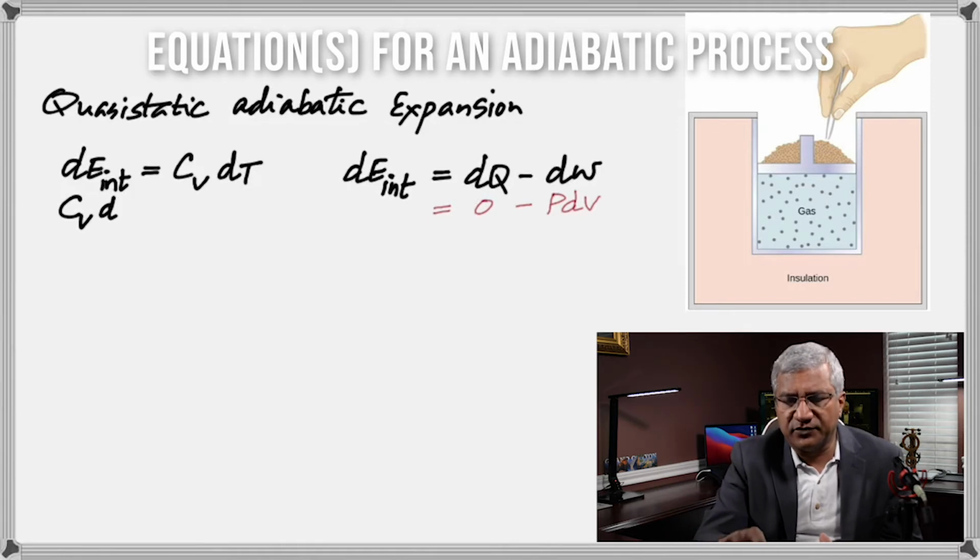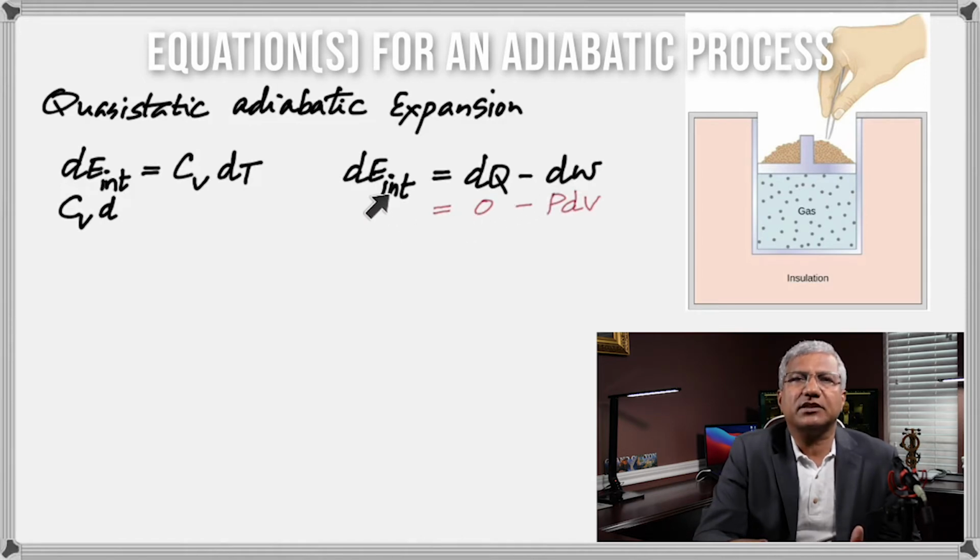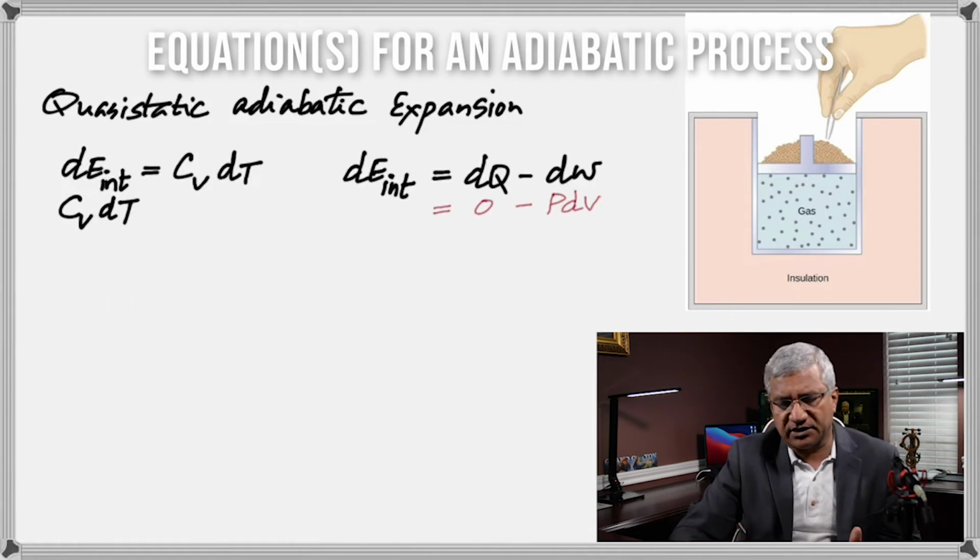So that gives the change in internal energy to be 0 minus the work, but the work is given by P dV, pressure multiplied by change in volume. And so now substituting the value of the change in internal energy here, we're going to get CV dT is equal to minus P dV.